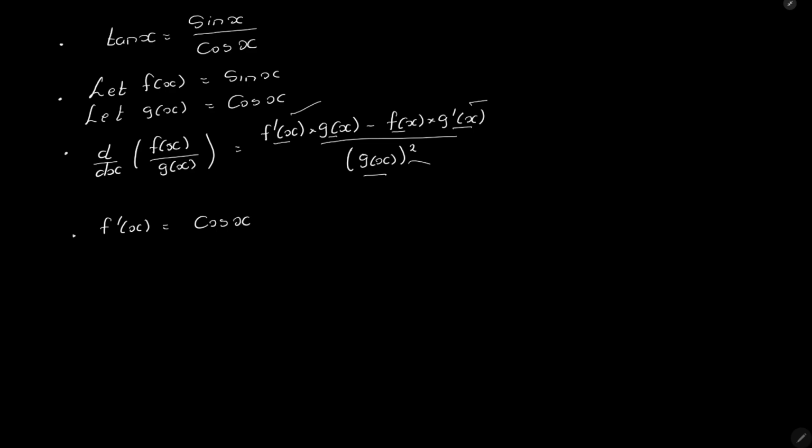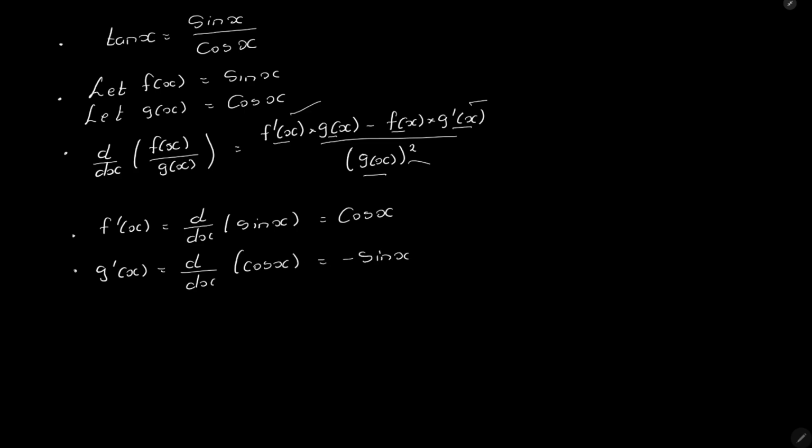That is, let me write this clearly, the derivative with respect to x of sine x is cos x. We have already proven this using first principles in our first example above. Now moving to our second term, the derivative of our denominator, which is the derivative with respect to x of cos x, is negative sine x.